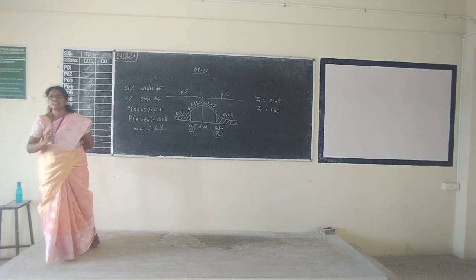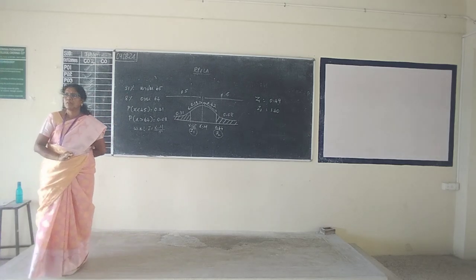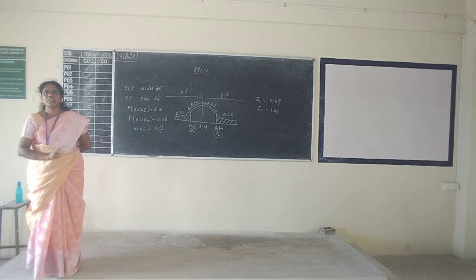Okay, approximately everything is a nearby answer. Understood, ma'am? How to identify Z1 and Z2?